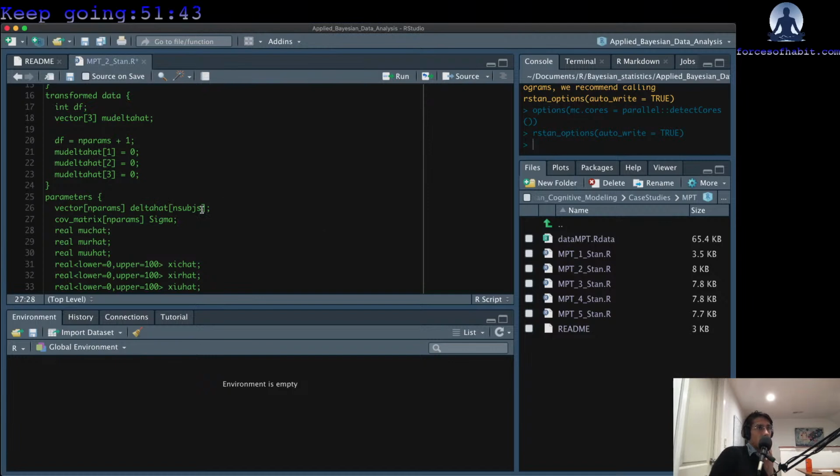Sorry, I was thinking about this relationship between delta hat here and the specification of the vector.